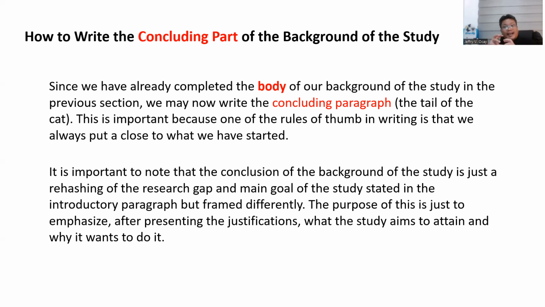So the tail of the cat simply rehashes the goal, thesis statements and problem that we articulated in the opening paragraphs. The purpose of this is just to emphasize, after presenting the justifications, what the study aims to attain and why it wants to do it.